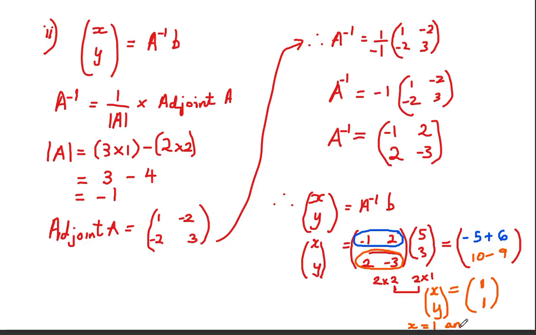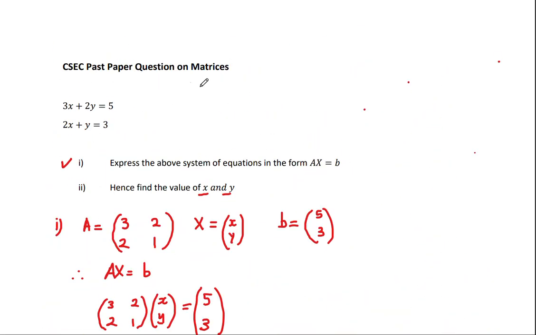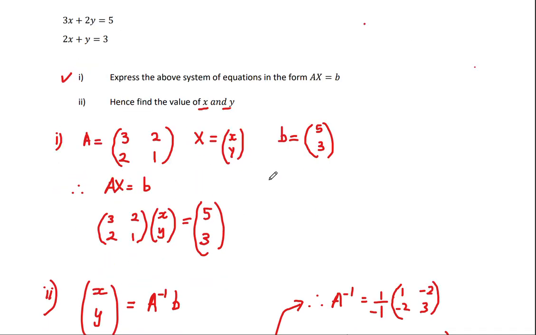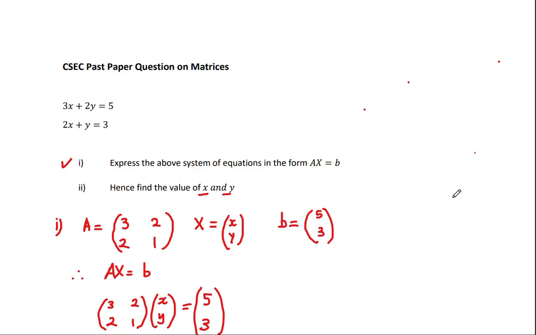Of course, x and y can be different values. Many times they are. I just want to make it clear that you're not always going to get x and y to be the same values. But in this case, x is 1 and y is 1. And this is a past paper question on CSEC, on matrices. These are common ways in which these types of matrix problems would come.